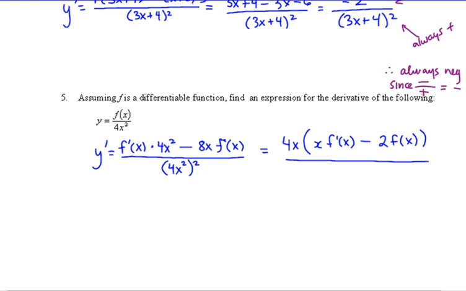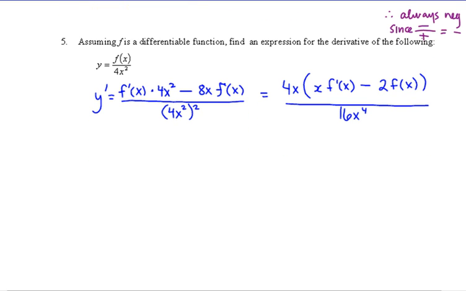And when you square 4x squared, what does that equal? 16x to the 4. Can something be simplified here? Yep. Now that it's in factored form, we can reduce this. The x is going to reduce and the 4. We can divide both of those by 4. So we have 4x cubed on the bottom.